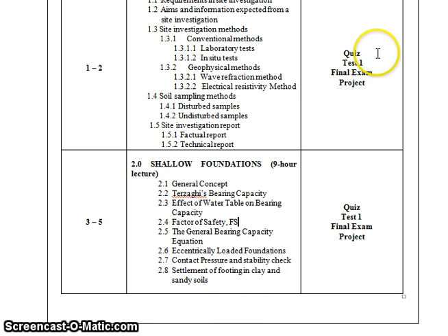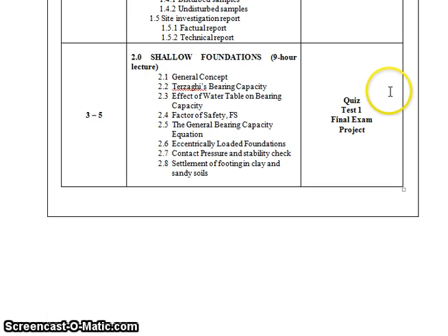And please bear in mind that these two topics will be embedded for your quiz and test one, and they also appear in your final examination, and some of it is also considered for your project.